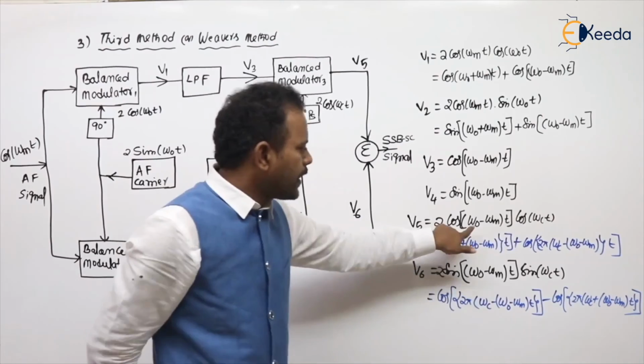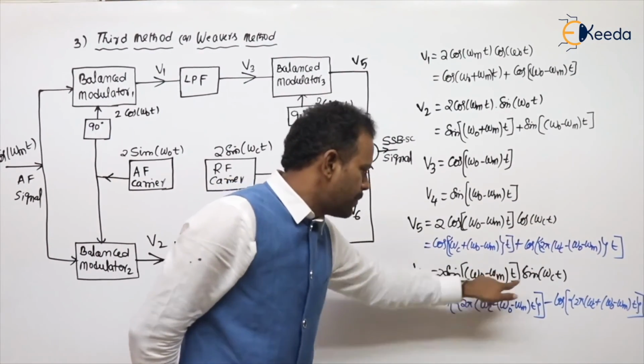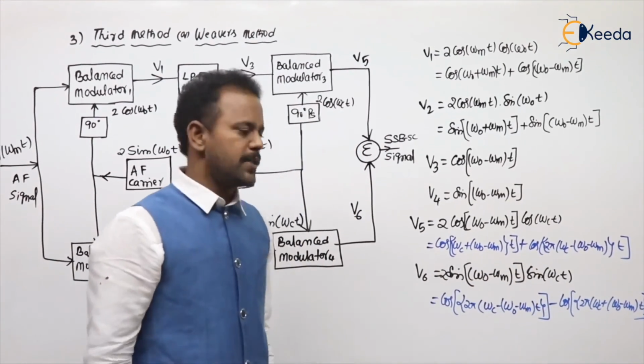Just applied cos A cos B, cos A plus B plus cos A minus B. Sin A sin B, minus is not there. So cos A minus B minus cos A plus B.